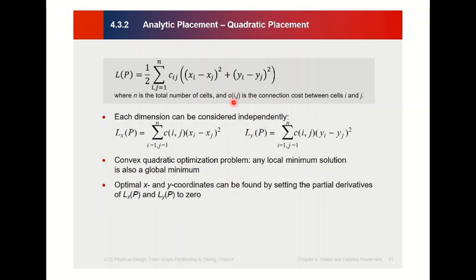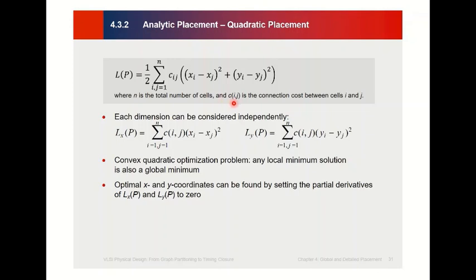For example, between cell 1 and cell 2, we can make this cost huge. If we do that, what we are telling the algorithm is, please do not separate cell 1 and cell 2. Because if you split, then the distance between C1 and C2 will be huge.